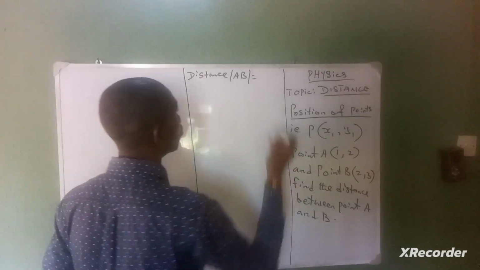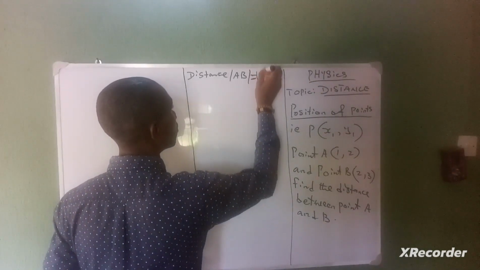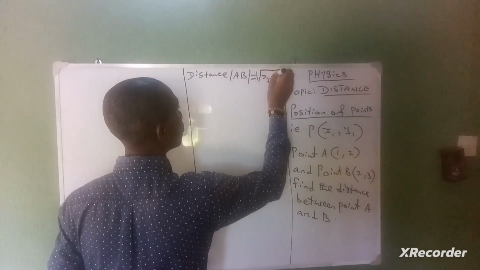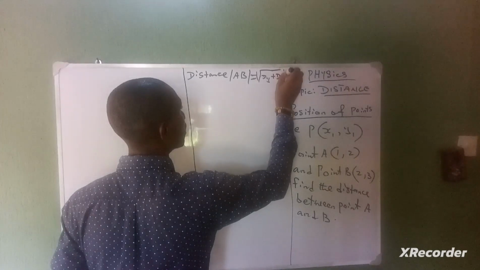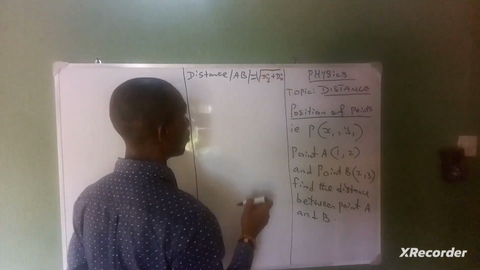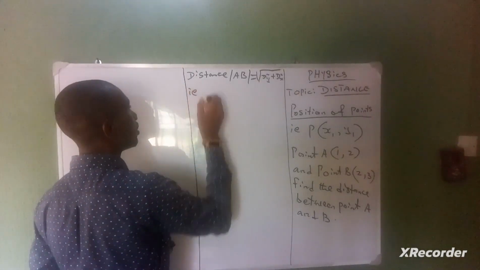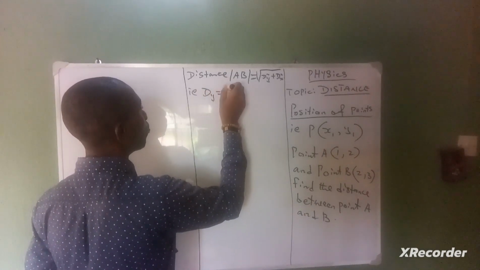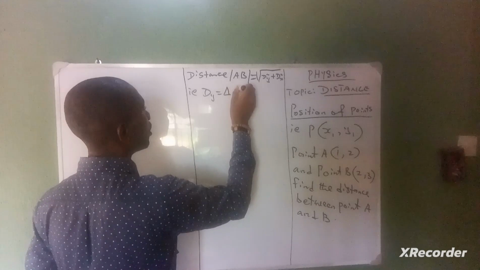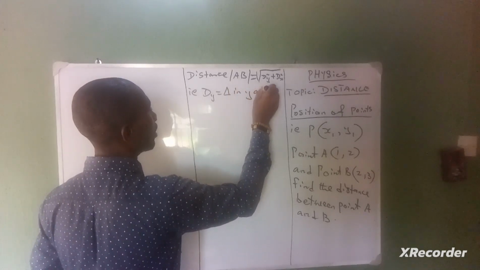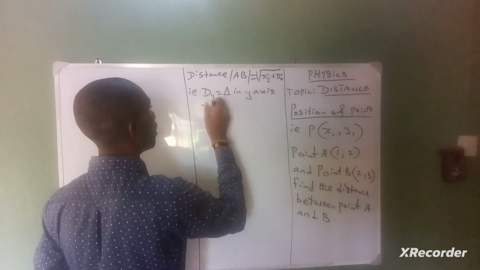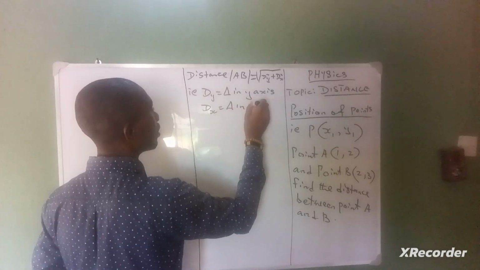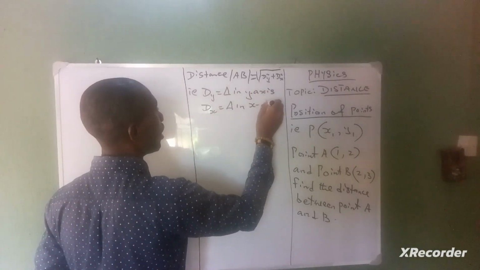It's equal to the square root of dy plus dx square, where dy is equal to the change in y axis, and dx is equal to the change in x axis.